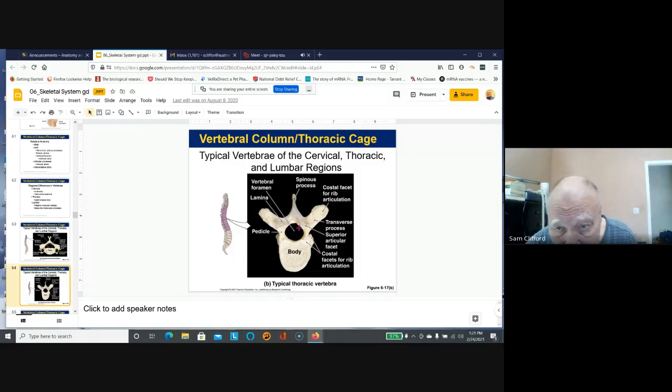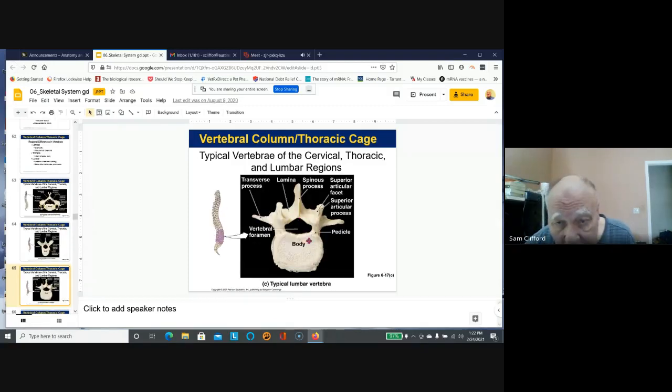Then we have a thoracic vertebra. It has all the same structures, but the body is much bigger, and it's part of the thoracic part of the spine, as you move from cervical to thoracic. So you have these different vertebrae that make up the vertebral column.